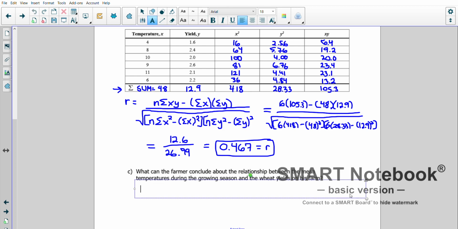So he can conclude that there is a moderate positive linear correlation. Now, it's very important to make this distinction. Does that mean that the temperature is causing the yield to go up?